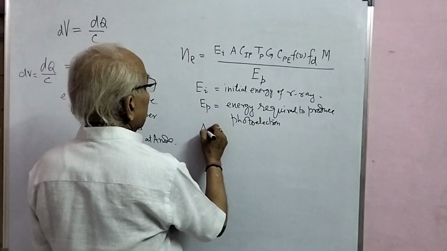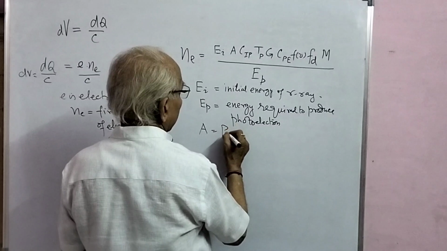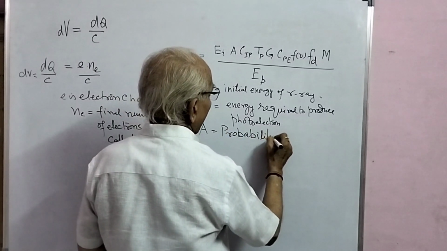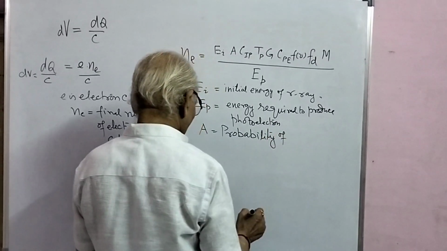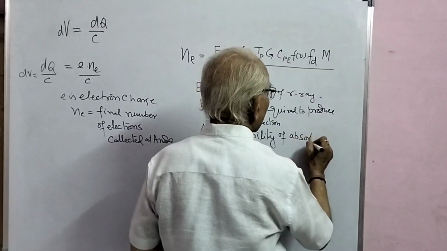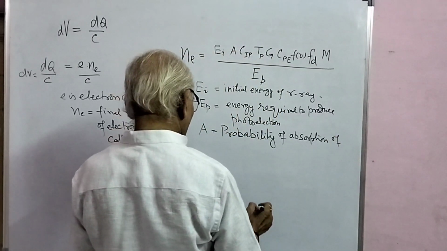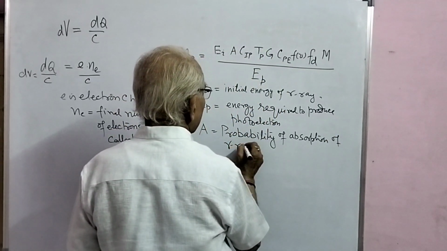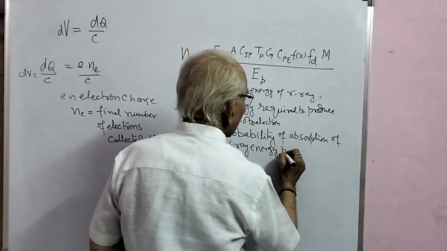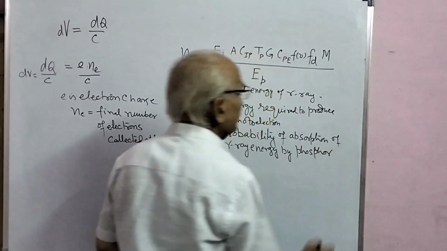And then the other factors. A is the probability of absorption of gamma ray energy by the phosphor, that is the crystal, the scintillator, sodium iodide.